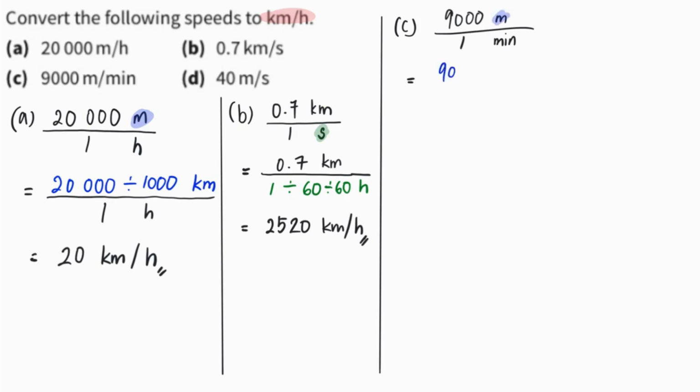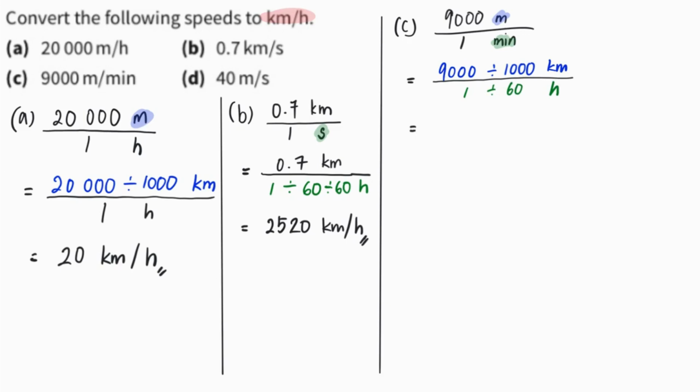So 9,000 meter to kilometer, I will need to divide by 1,000. And this will give me my kilometer. And for 1 minute, all I have to do is divide by 60. That will give me my hour.